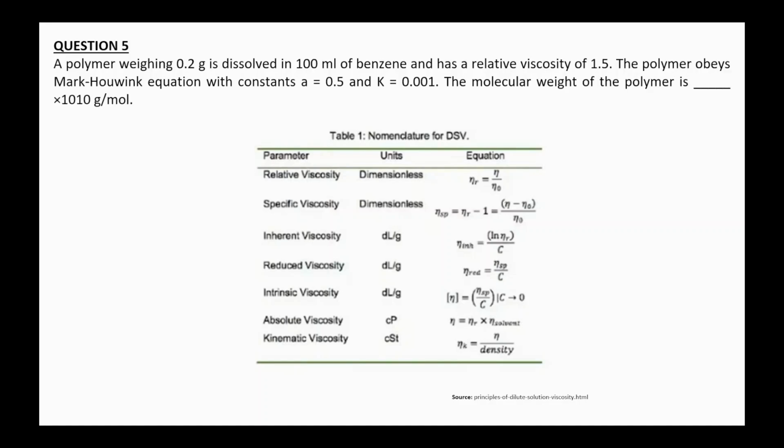If you see here, your reduced viscosity is nothing but specific viscosity by concentration. Specific viscosity is nothing but the absolute viscosity minus eta naught.